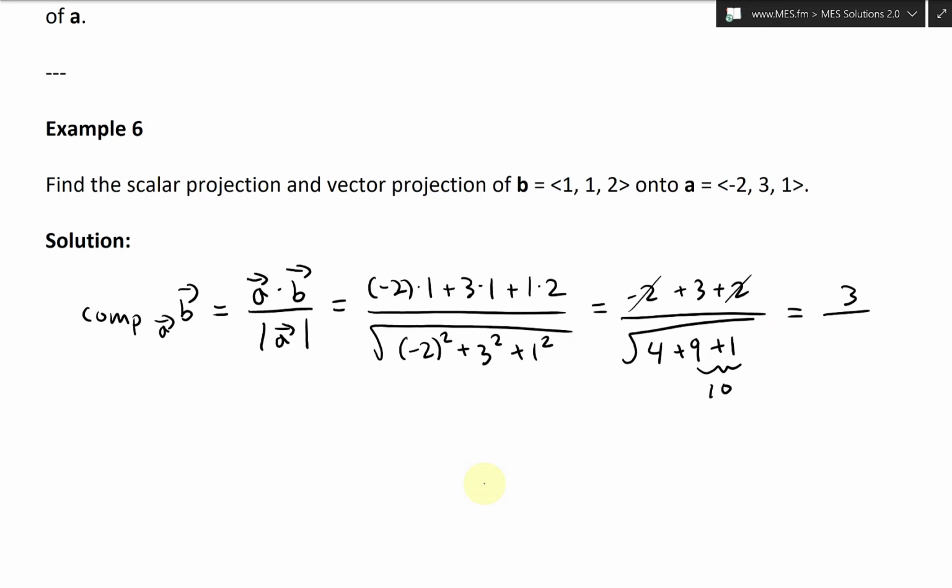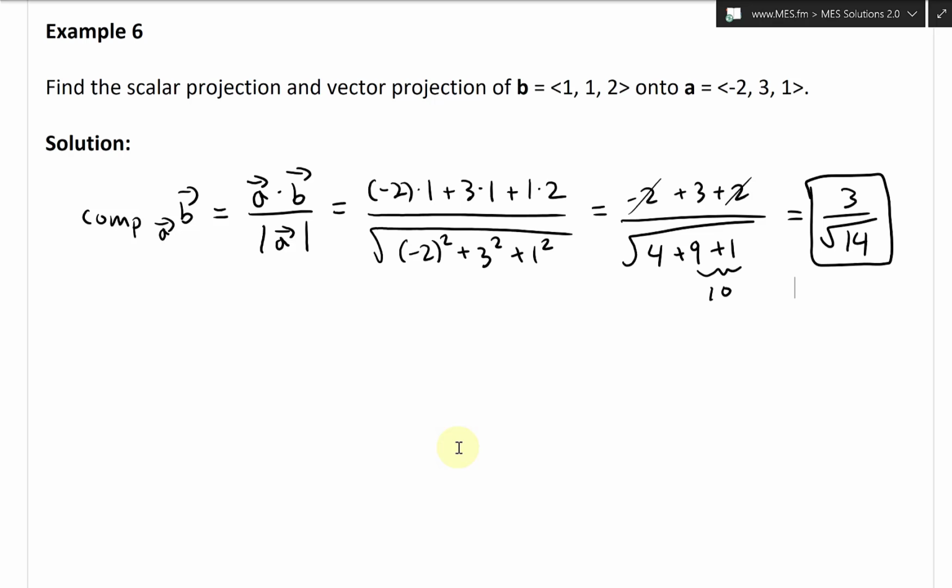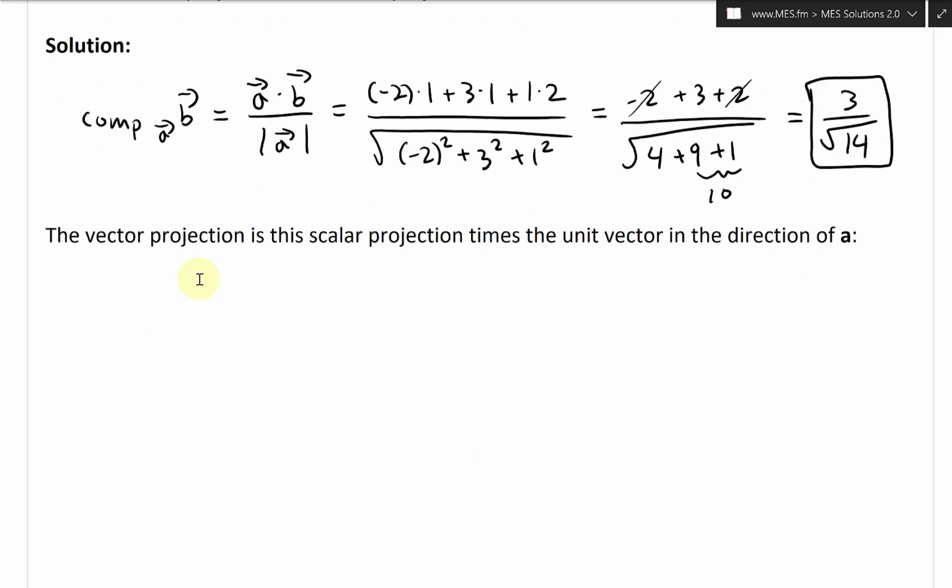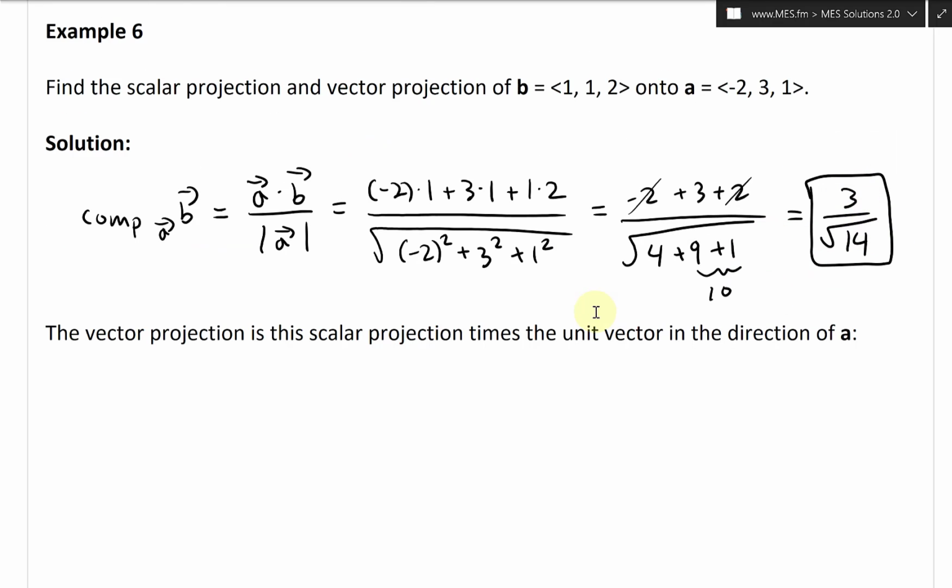So 3 over square root 14 is the component of B, the magnitude of the projection onto it. Now we just got to multiply by the unit vector along A, and we'll do that here. So the vector projection is this scalar projection here times the unit vector in the direction of A. So let's write it down.